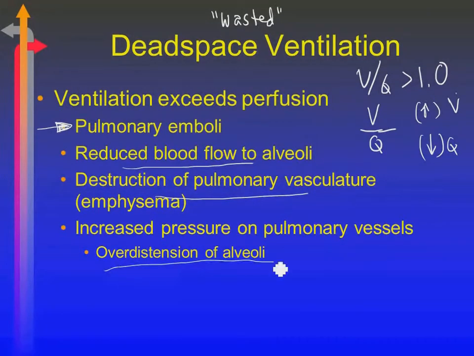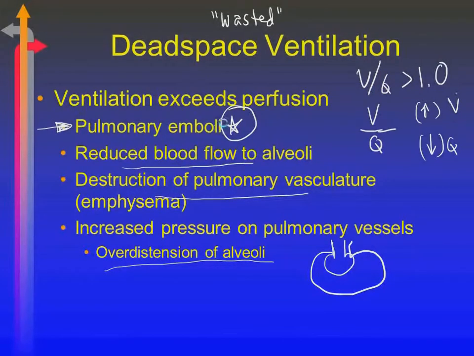So if I overextend the alveoli, instead of my alveoli being that big, I now make it that big because I put too much volume in there. That actually will cause a creation of a dead space. I'm sure that makes absolutely no sense to you. This is the one I want you to remember more than anything. That's the classic.